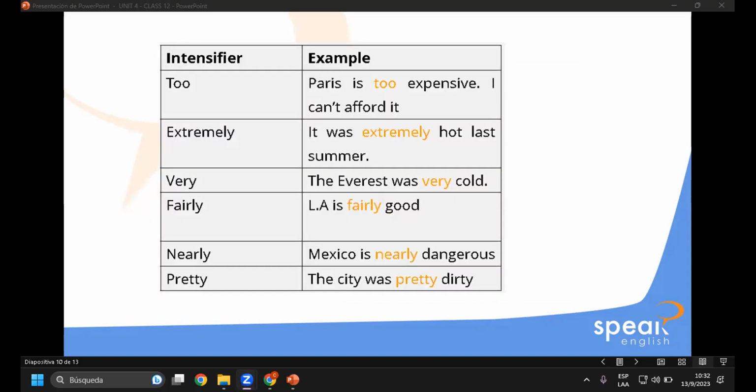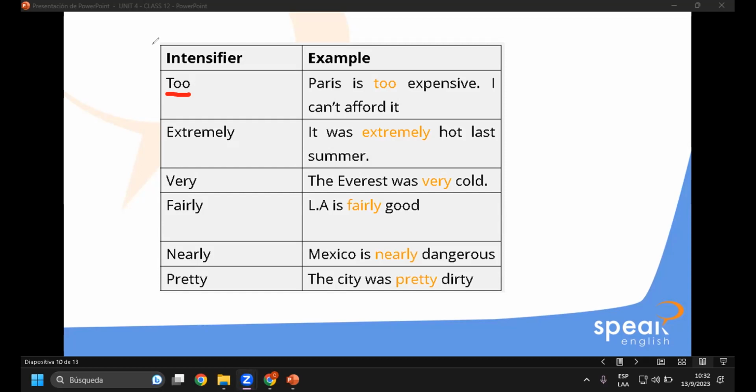Let's start with the intensifier too. Imagine that you are drinking coffee, but the water is boiling. What do you think? Is the coffee hot or is the coffee too hot? Imagine that the water is boiling.